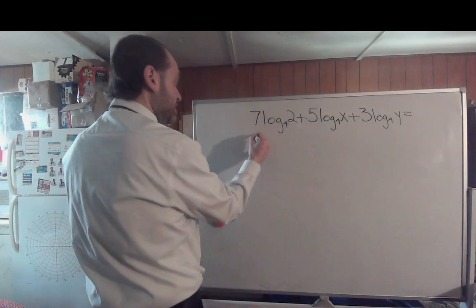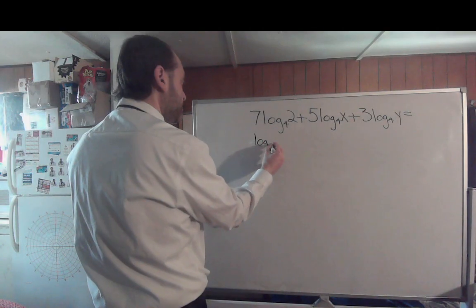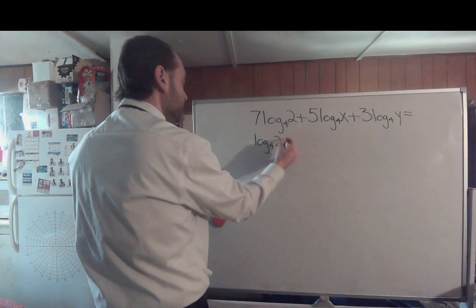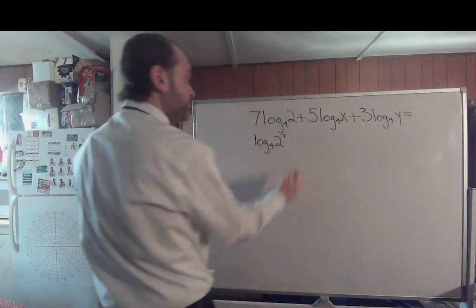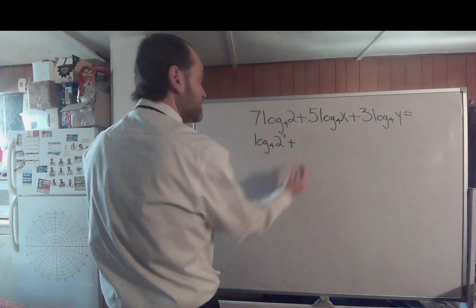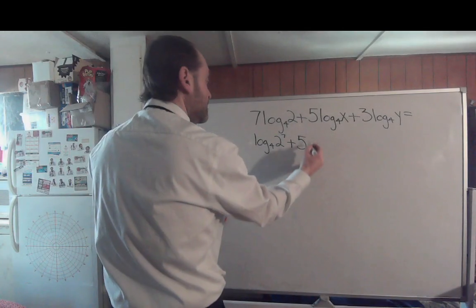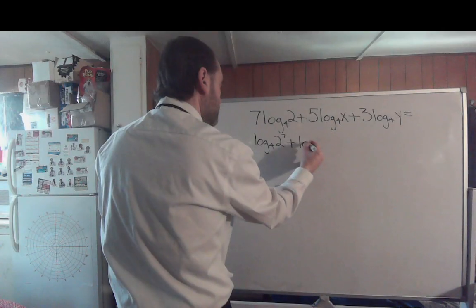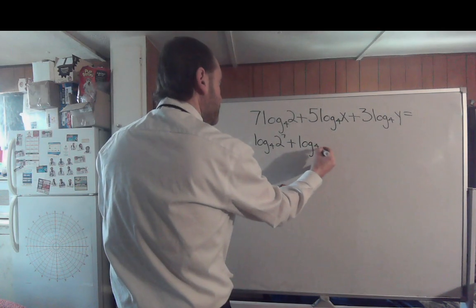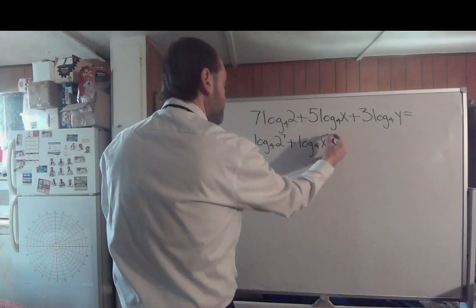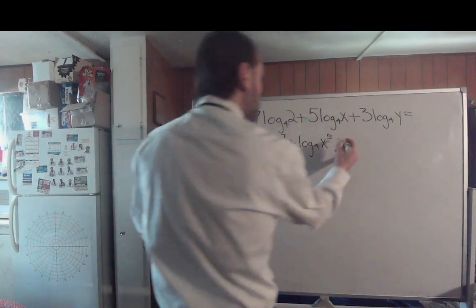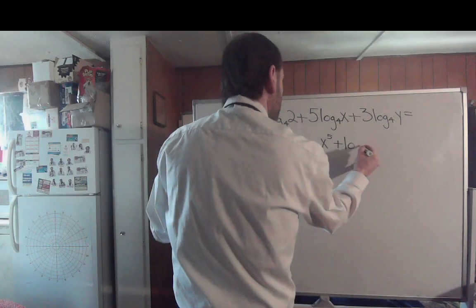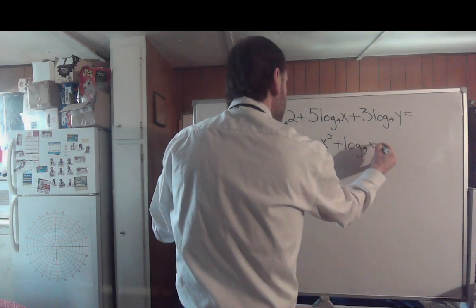So this would turn into, for the first term, log base 4 of 2 to the 7th plus, the 5 log base 4 of x would turn into log base 4 of x to the 5th plus log base 4 of y to the 3rd.